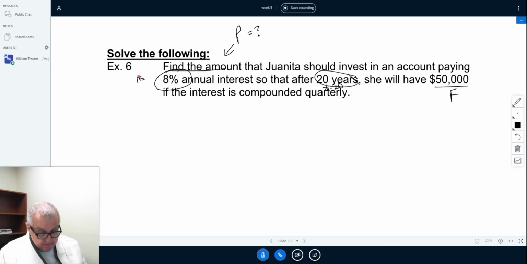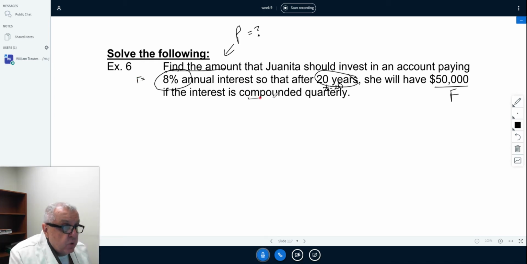So I'm looking at my formula sheet. And we're going to use the same compound quarterly interest formula. By the way, compound quarterly means n equals 4.